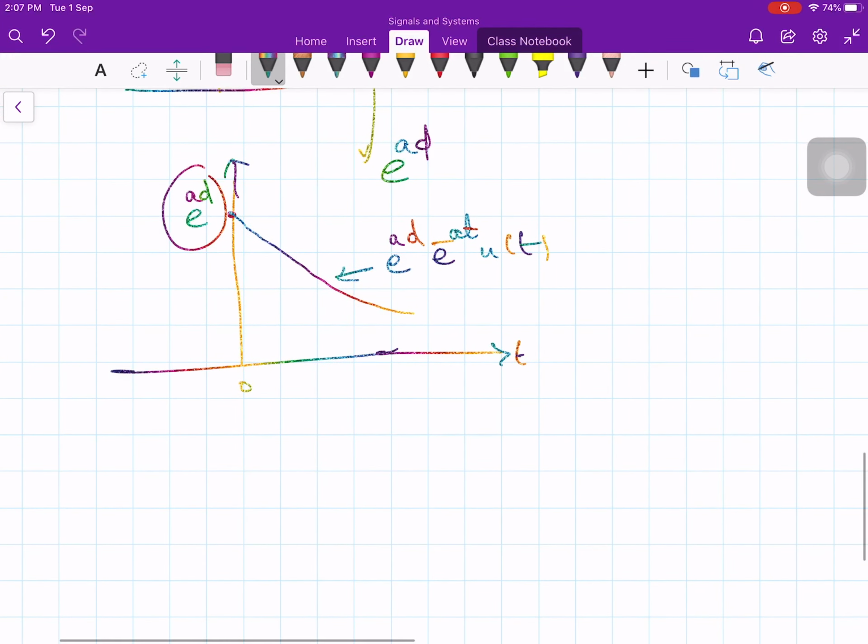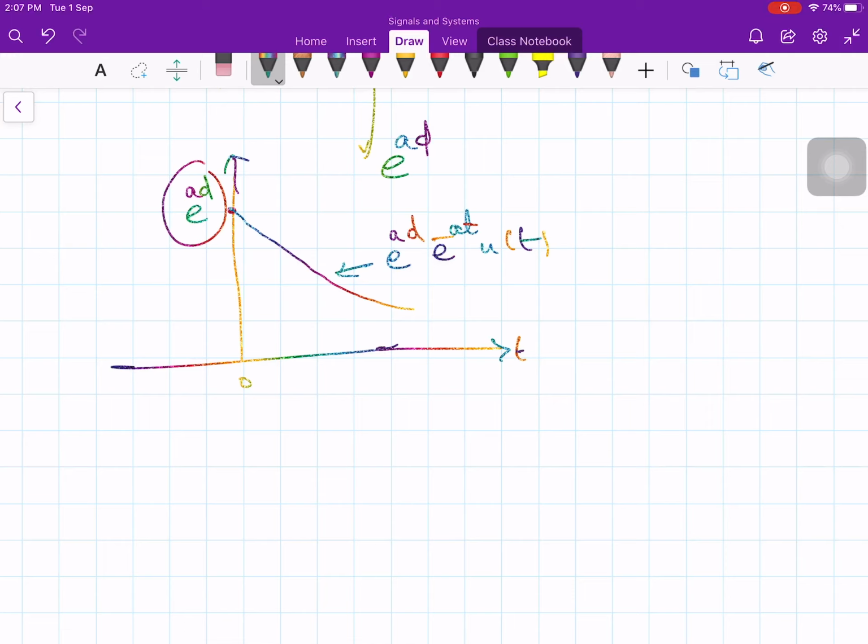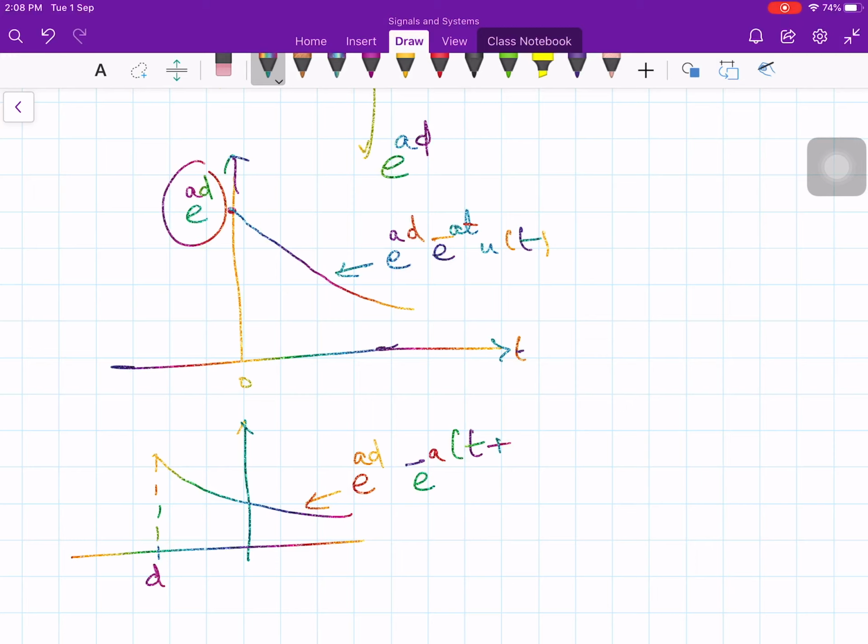I need to start from here, let us say d, then it has to go like this. Therefore this function is e to the ad e to the minus a of t plus d times u of t plus d, like this.